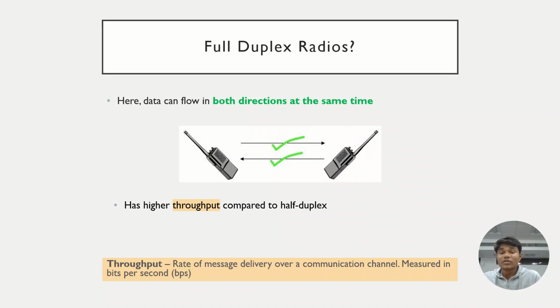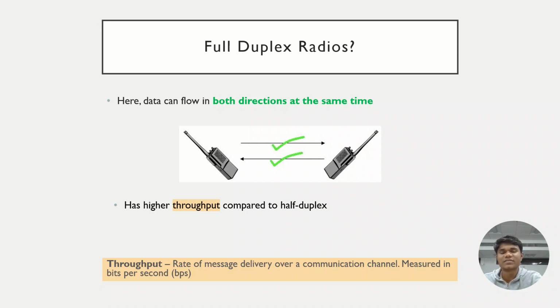Now, this full duplex communication has higher throughput compared to half duplex. There comes our new term, which is not familiar to most of us initially, that is throughput. Throughput is defined as the rate of message delivery over a communication channel, and it is usually measured in bits per second, as in how much data is being transferred per second.